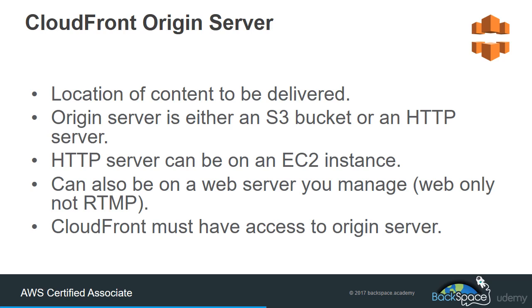This is a case for web only, not RTMP CloudFront distributions. But we could have a web server outside of AWS, provided that CloudFront has access to that server. So if it's publicly accessible content, then we can use that as a basis for our CloudFront distribution.